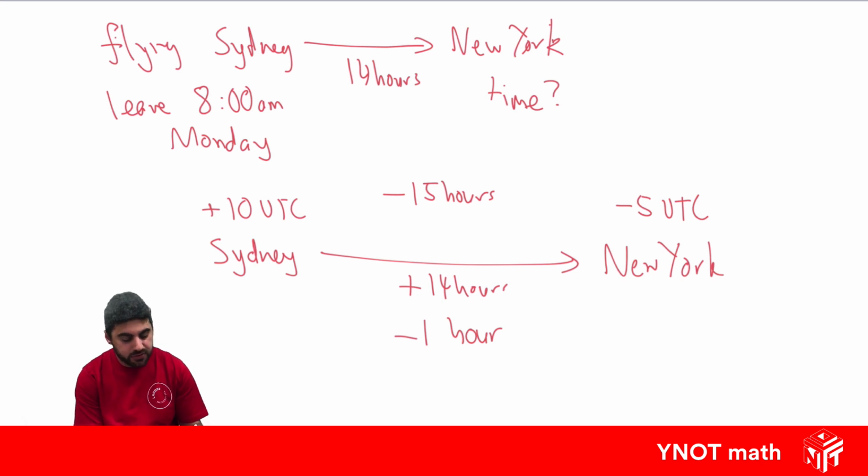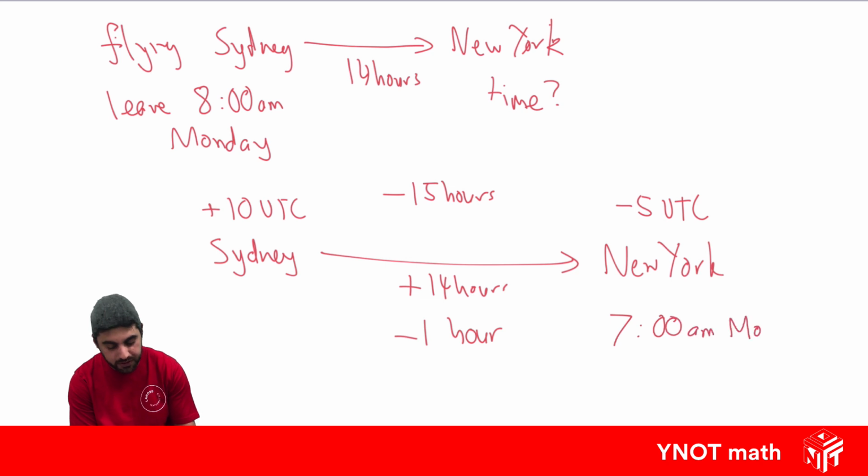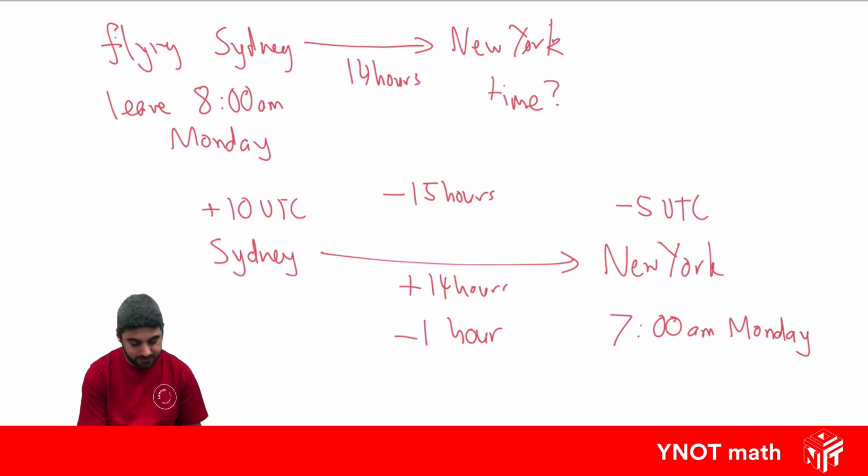And that's all we have to do to our starting time. So if we're leaving at 8 a.m., the overall difference is minus 15 plus 14, so it's minus 1 hour. And that means we minus 1 hour from our starting time, which is 8 a.m. on Monday. So we're going to get to New York at 7 a.m. on Monday, like going back in time.